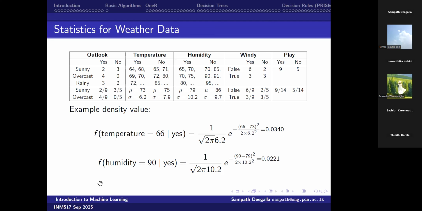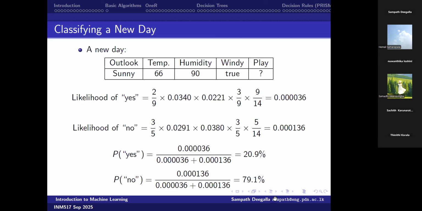Similarly, you will find the humidity is equal to 90 given yes. You can apply the same and calculate the probability values. So now, given our new day, let's look at how we are going to calculate this. These are also going to be used as probabilities, although they are density functions.